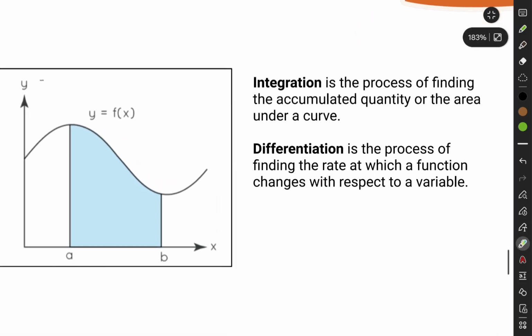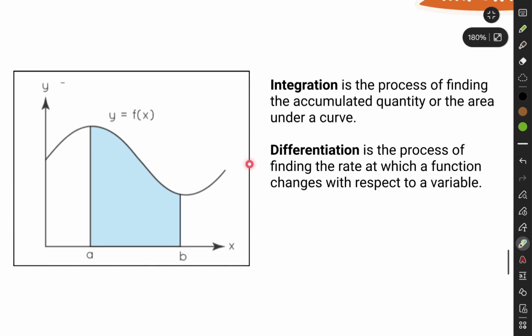Okay, so first I'm going to explain what differentiation is. Differentiation is the process of finding the rate at which a function changes with respect to the variable, basically the gradient. So we find the gradient at specific points on the graph. Usually we're used to finding the gradients of a curve by using tangents, but tangents aren't accurate, so we differentiate our equations.